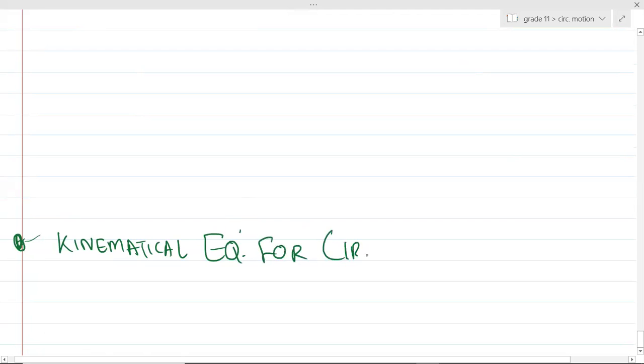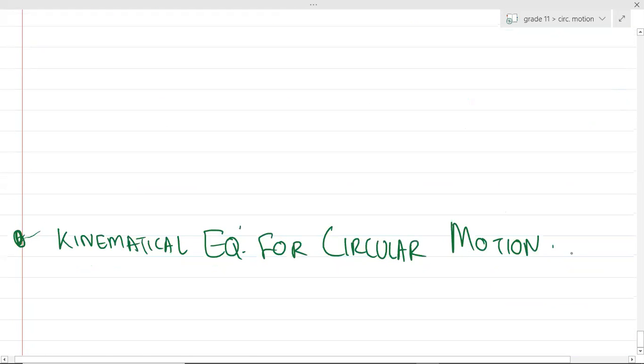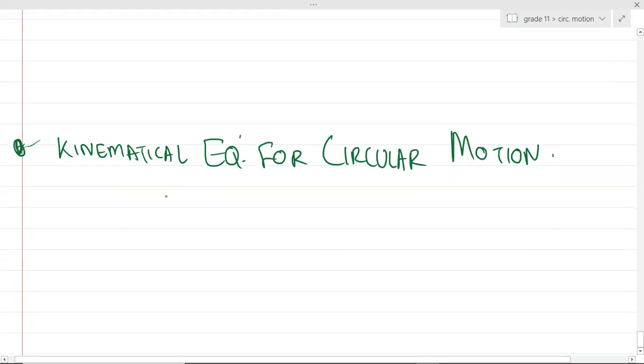So we'll write the heading: kinematical equations for circular motion. What are the kinematical equations for circular motion? See, guys, do you remember the equations of motion for linear translational motion?